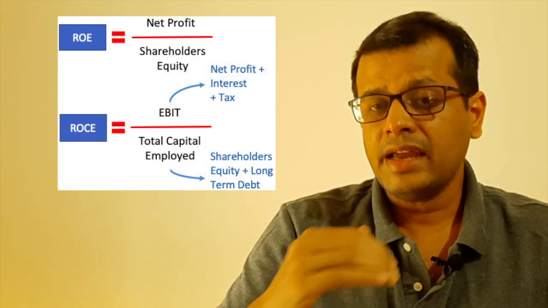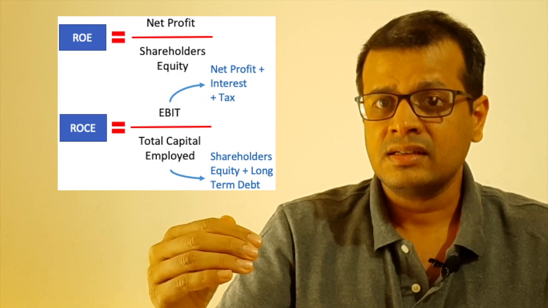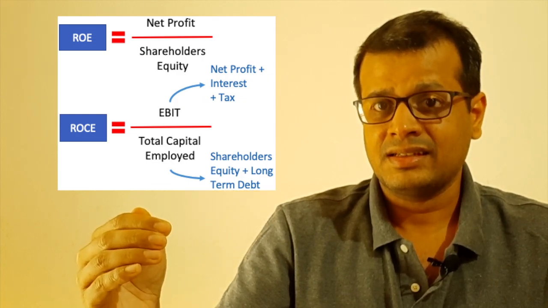To understand the relationship between return on equity and return on capital employed, by closely looking at the formulas we can find a correlation. Return on capital employed uses EBIT. EBIT is net profit plus interest plus tax.